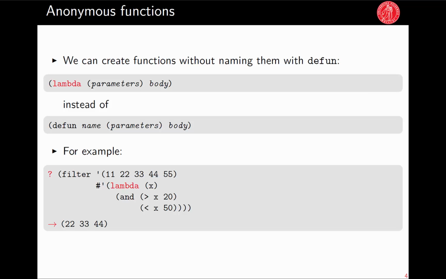But imagine now, just for the sake of argument, that this is something we want to do often. Maybe in our application we find that very often we want to dynamically create tests on the fly that allow us to check whether a given argument is within some given range or interval. Then it would be useful to have some procedure that allows us to create these tests more compactly.